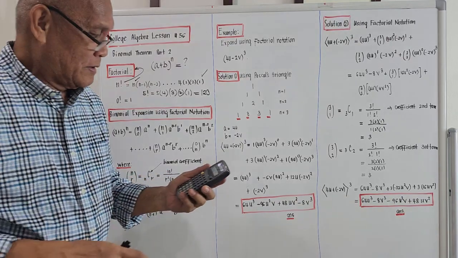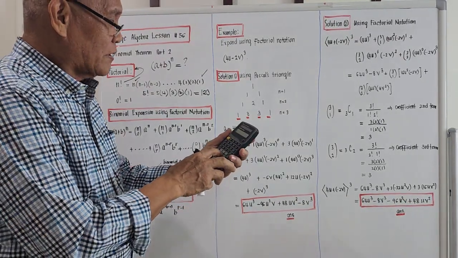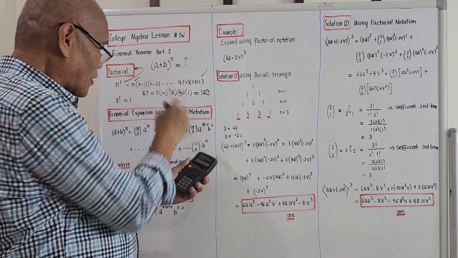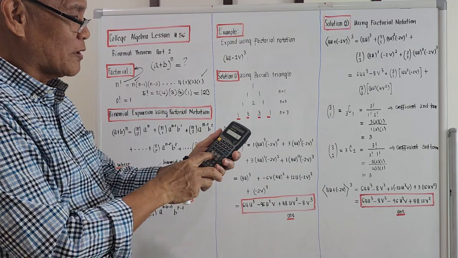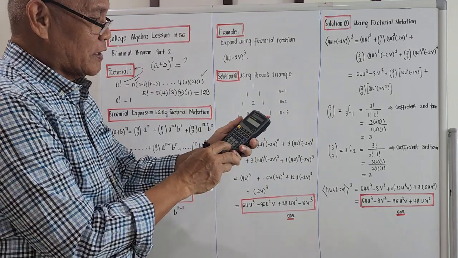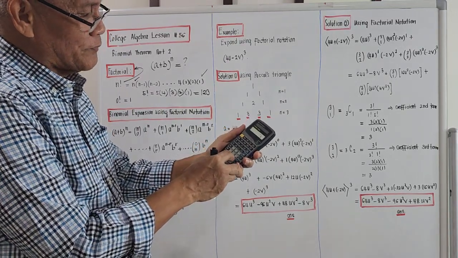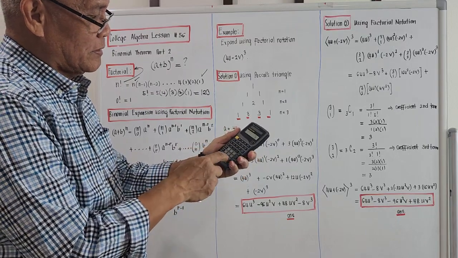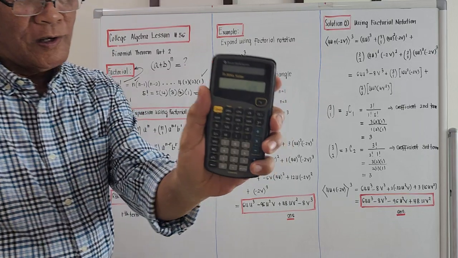If I will try to take the value of 5 factorial by using the calculator without using this formula, we will just display 5. Factorial notation is actually on the second function beneath 3. Okay, second function 3. The value is 120.